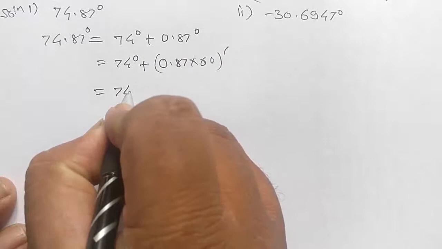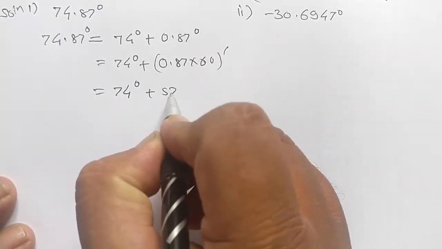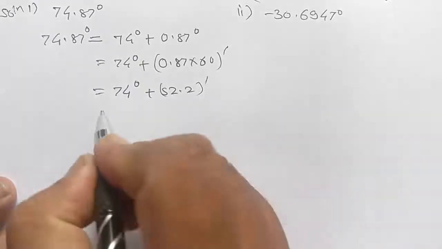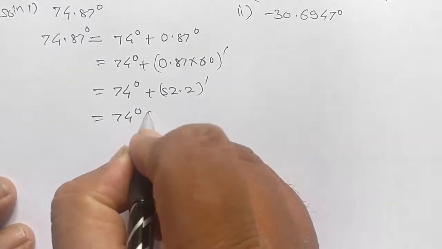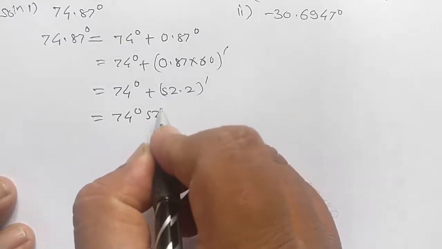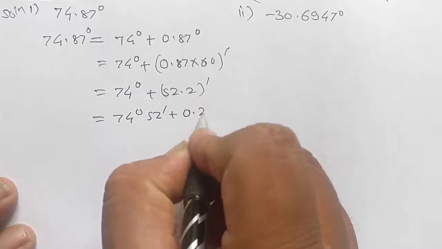It is equal to 74, and the multiplication of this is 52.2 minutes. So this is equal to 74 degree 52 minutes plus 0.2 minutes.